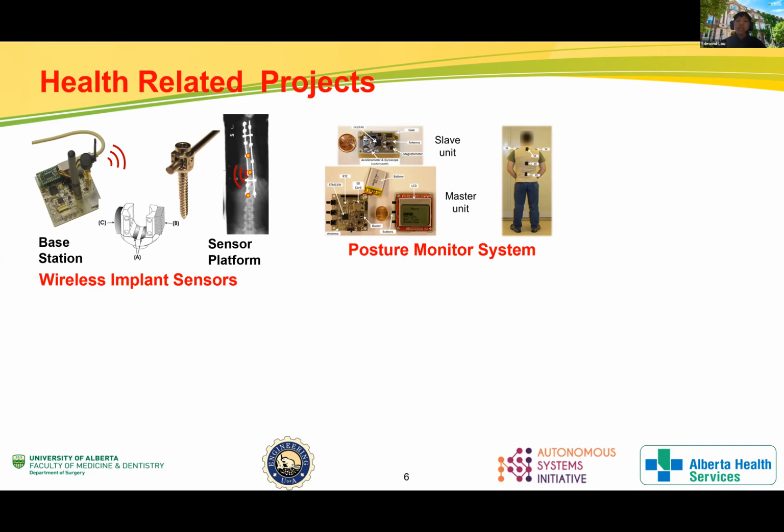So exercise is another type of treatment that can help children who have a mild or moderate curve. It may help them to correct their posture. So they came to us and asked, can we build some wireless monitoring system? So we built a network.